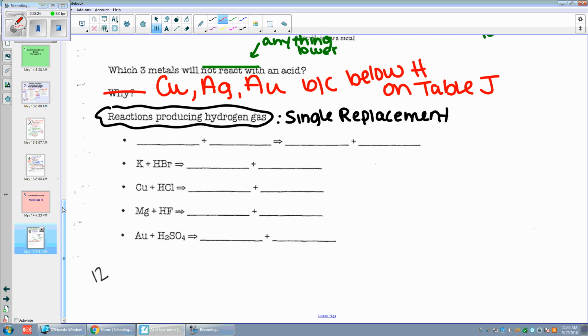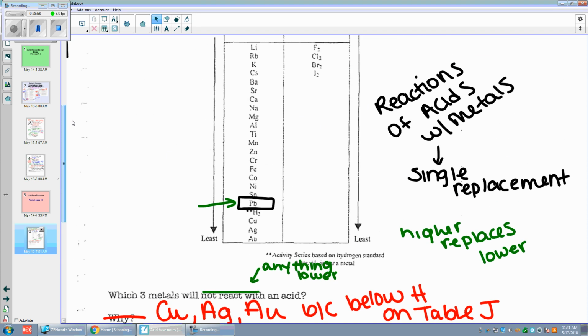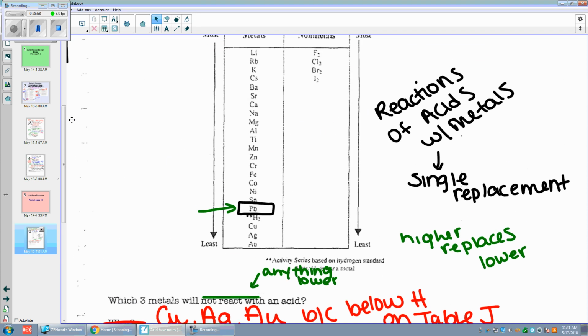So when I do these, I'm always going to have a metal plus an acid that will always give me, if it works, a salt and H2 gas. Metals and acids will react by producing hydrogen gas. So I've always got to check. I'm going to say, okay, can K react with HBr? Well, I'm going back up to my table J. Let's see if K is above H.